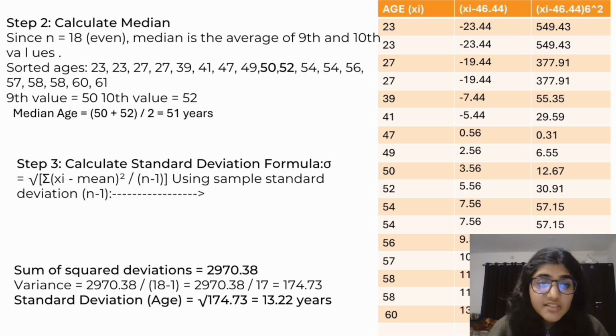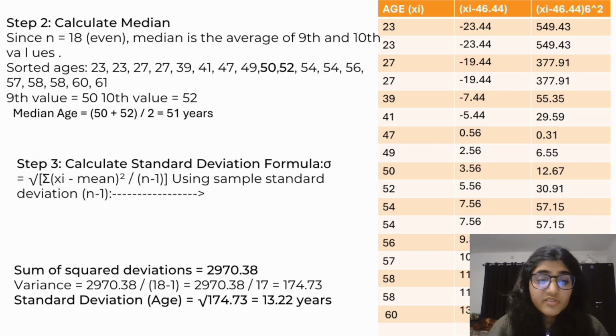Now the third step is to calculate standard deviation. The formula is sigma is equal to the square root of summation of xi minus mu, whole squared, divided by n minus 1, using sample standard deviation, that is n minus 1.